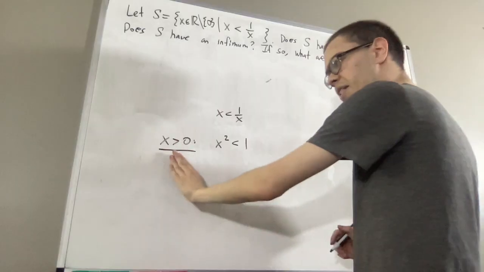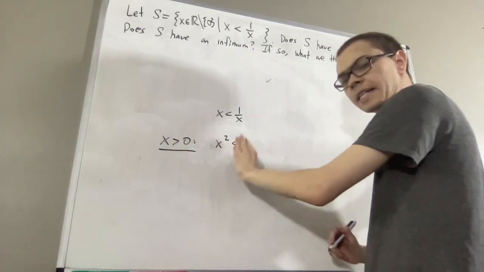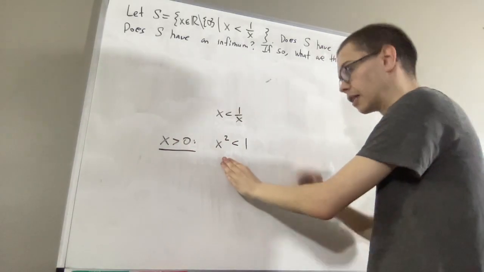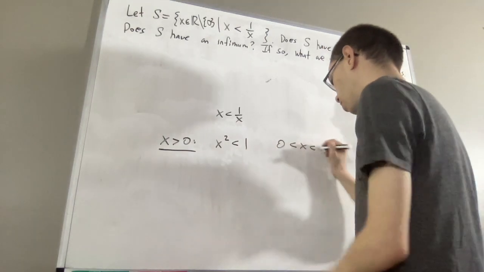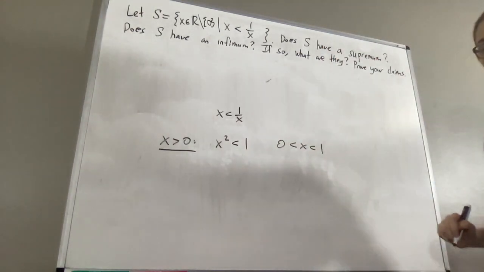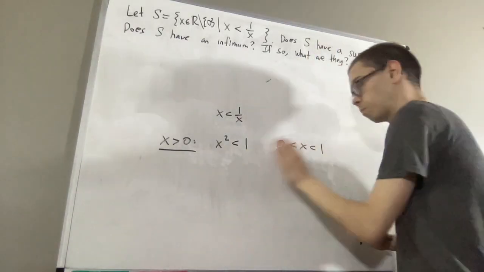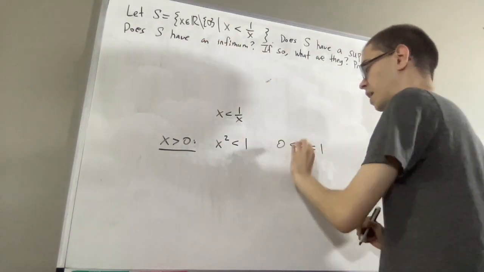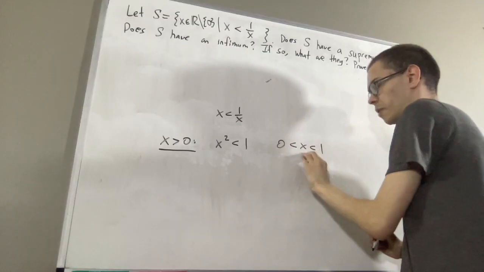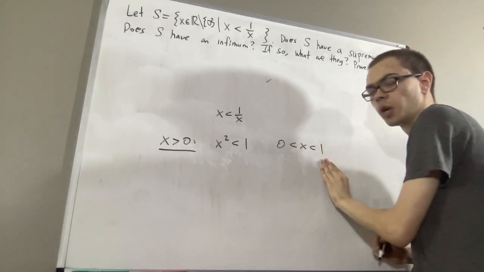Now, when x is positive, this happens exactly when x lies between 0 and 1. Okay, so that's what this set looks like when x is positive. It should be the set of real numbers x between 0 and 1.